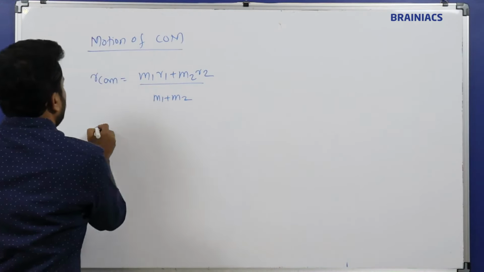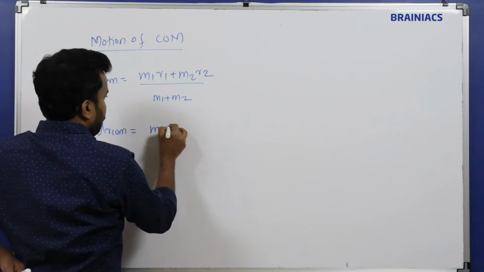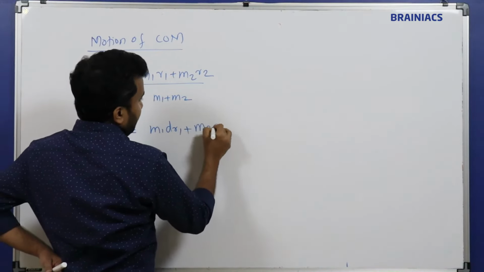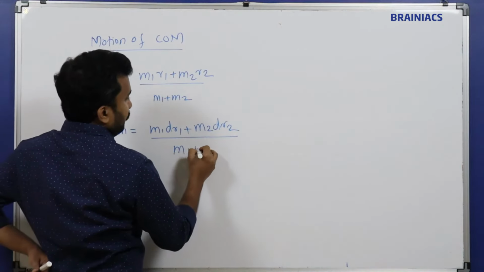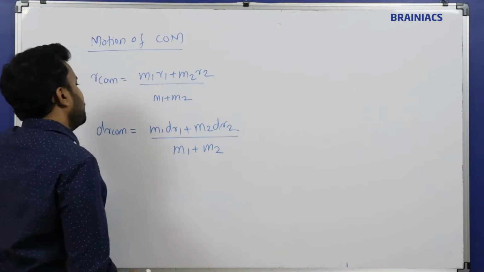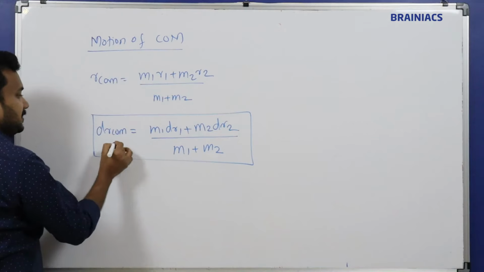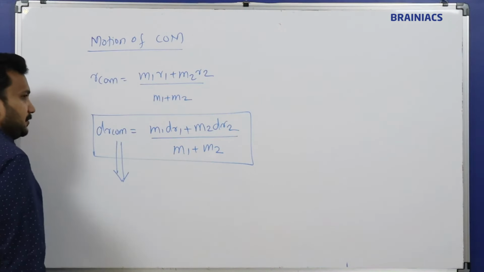If you are differentiating both sides, the differential of the center of mass point is equal to m1 into dr1, the differential of the first, plus m2 dr2, the differential of the second, divided by m1 plus m2. This is one concept. In numerical problems, this is very much required.